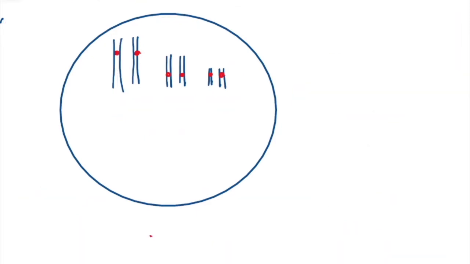Let's remove all of that and then let's think about what we've got here. So the first question is, well, how many chromosomes does this cell have? And the answer is 1, 2, 3, 4, 5, 6.